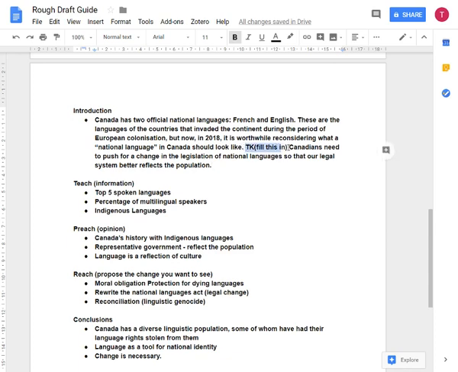So, Canada has two official languages, French and English. These are the languages of the countries that invaded the continent during the period of European colonization. But now, in 2018, it's worthwhile reconsidering what a national language in Canada should look like. Let's talk about this.